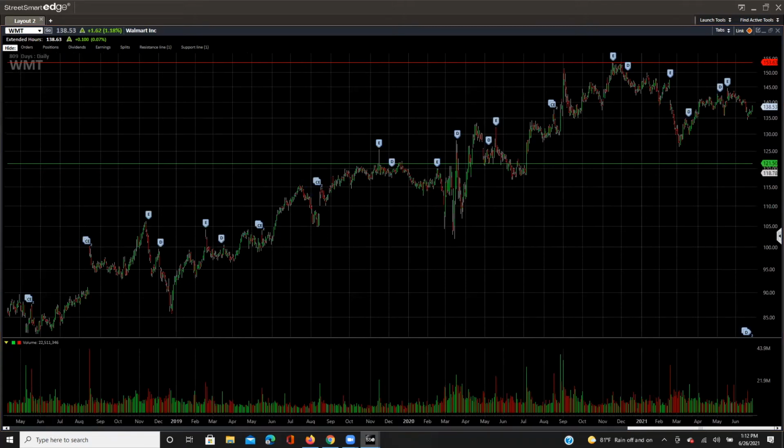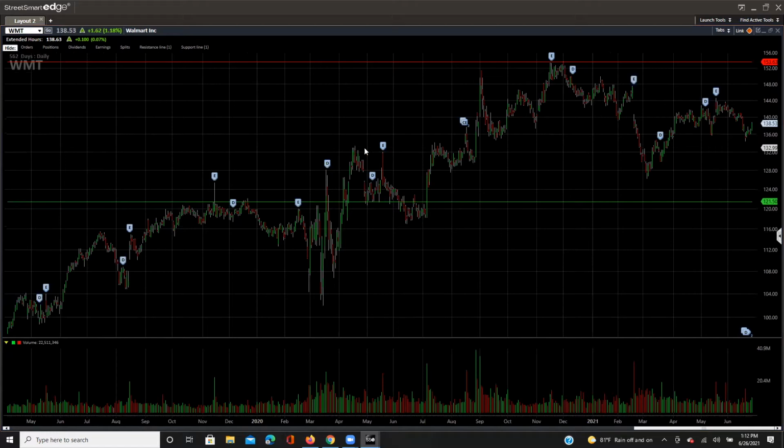If you're confused as to where you set a support level or where you set a resistance level, find price points. This was the previous highs. And we can see that at this price point, it failed to go higher before retracting, pulling back, then going higher again and coming back to the same areas where now it consolidates and breaks out to the upside.